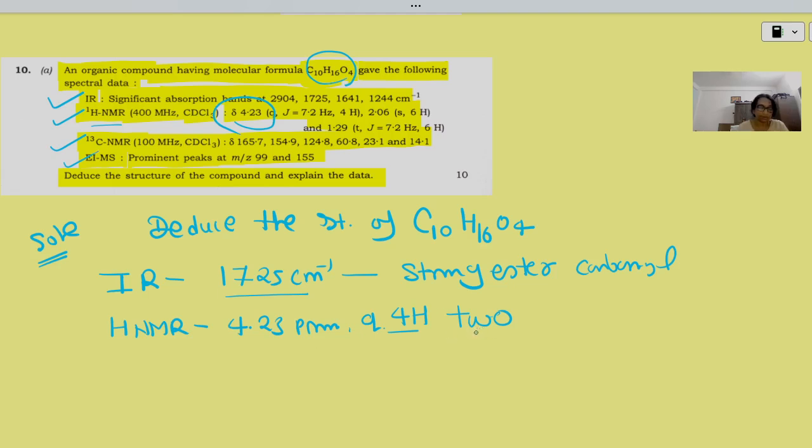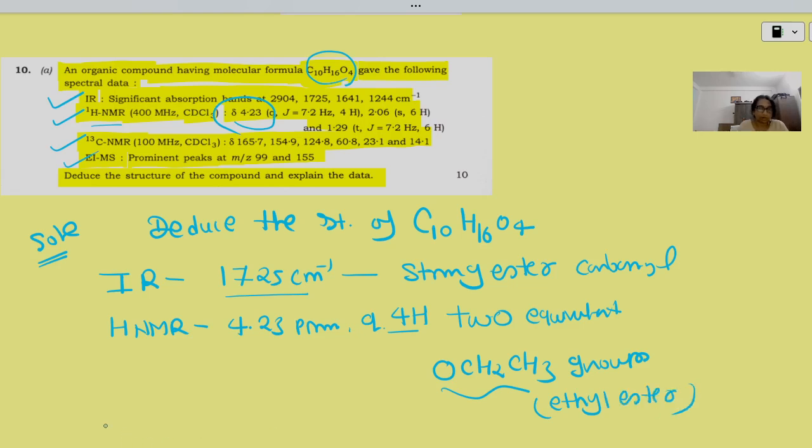So there are two equivalent groups, that is OCH2CH3. You can find the group present on the basis of the given shift. So the CH2 groups are part of an ethyl ester.